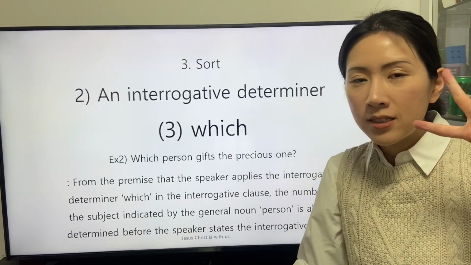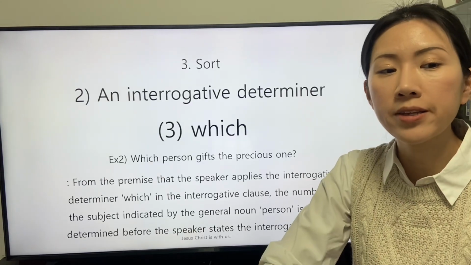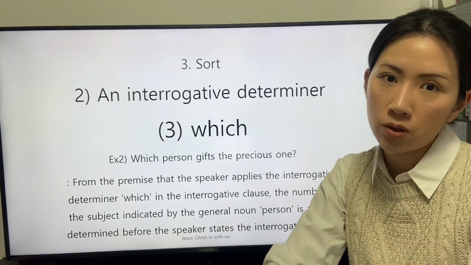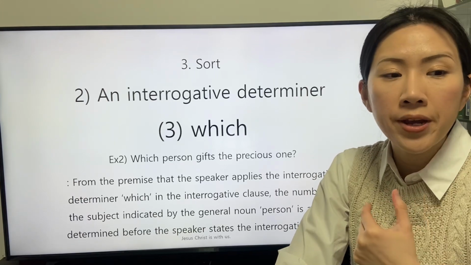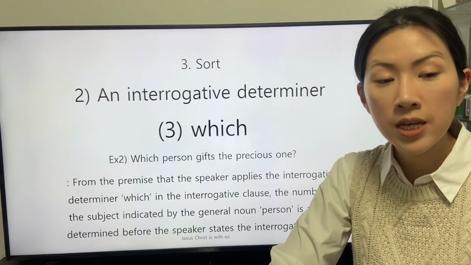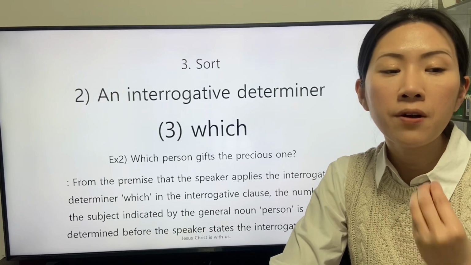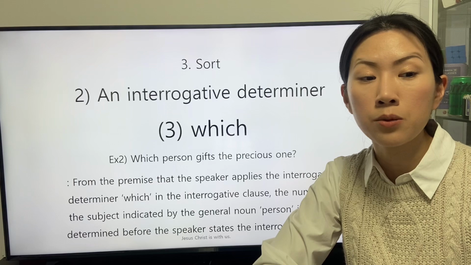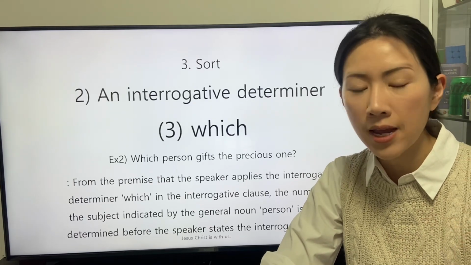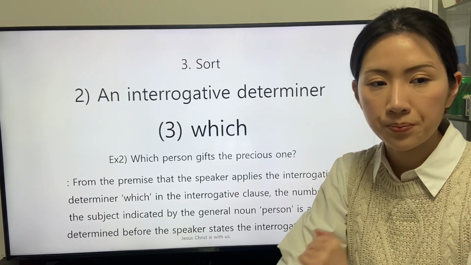The second clause is this: which person gifts the precious one? From the premise that the speaker applies the interrogative determiner which, in the interrogative clause, the number of the subject indicated by the general noun person is already determined before the speaker states the interrogative clause.